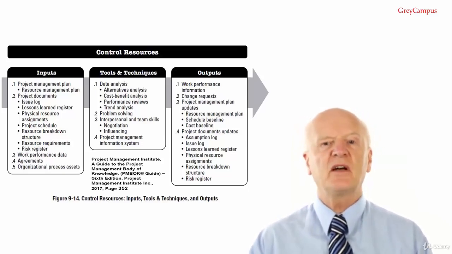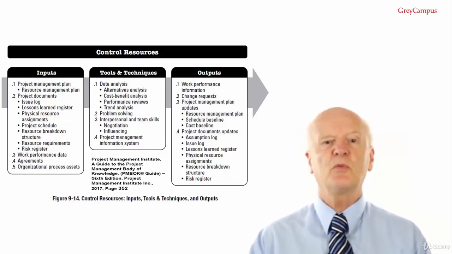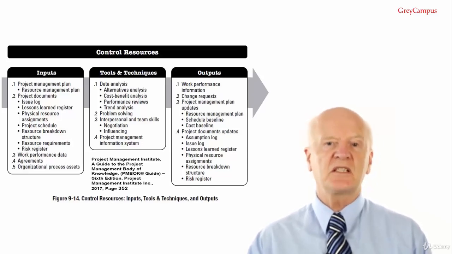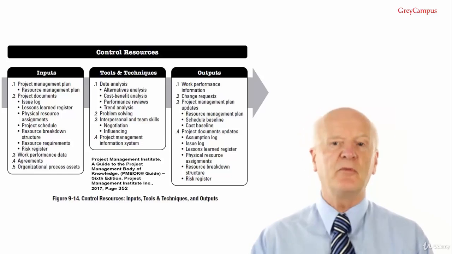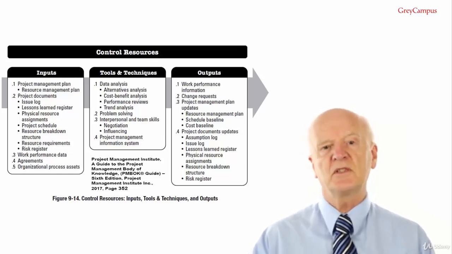The risk register. This identifies individual risks that can impact equipment, materials or supplies. Input number 3, work performance data. This contains data on project status such as the number and type of resources that have been used. Input number 4, agreements.